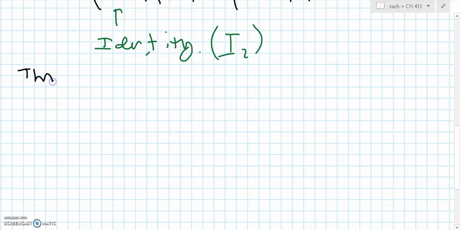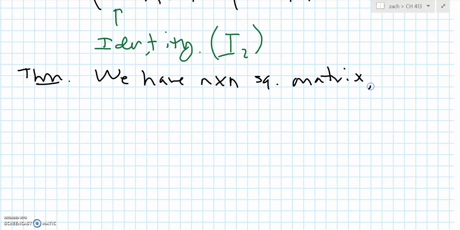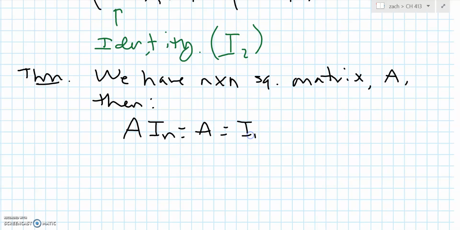So theorem, let's say we have an n by n square matrix A, then we have that I_n A is equal to A is equal to A I_n. No matter which side we multiply that identity on, we're still going to get A back. So that's an example of multiplication with the identity matrix.